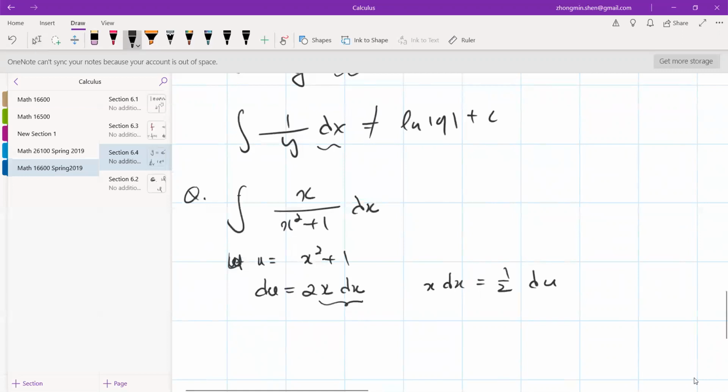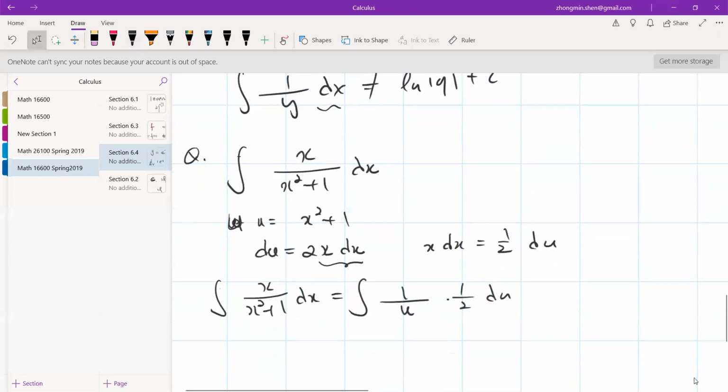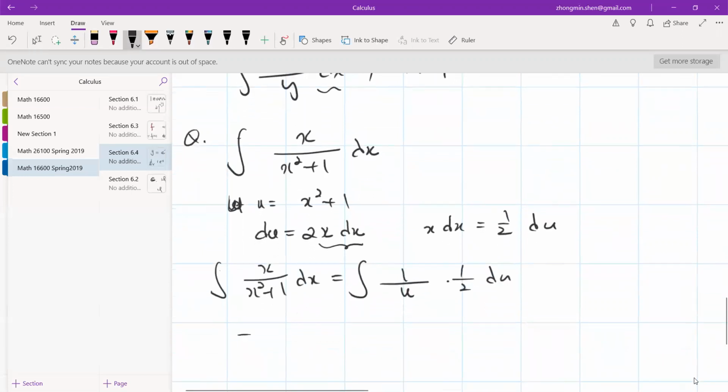Okay, so the integral is going to be, here's u, and x times dx is going to be half of du. So you end up with the same integral. You have to simplify to the final version, 1 over u du.